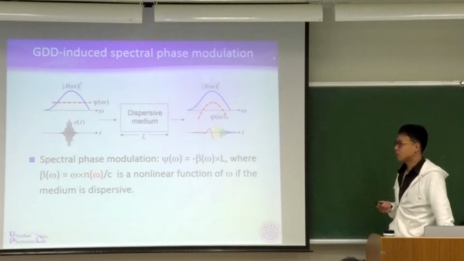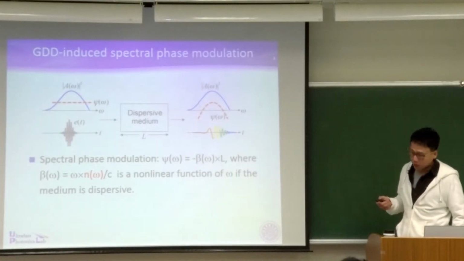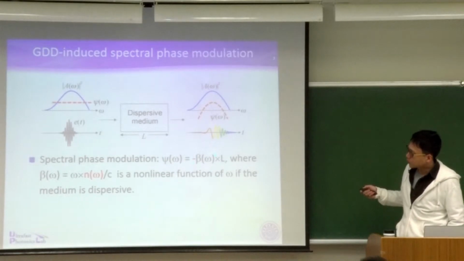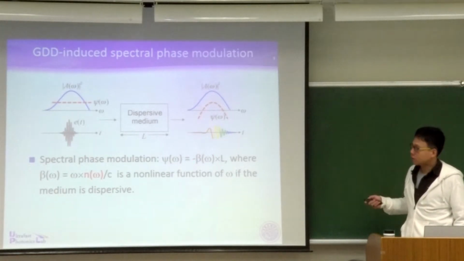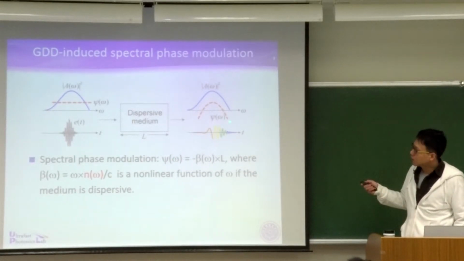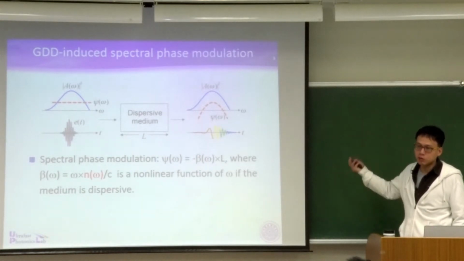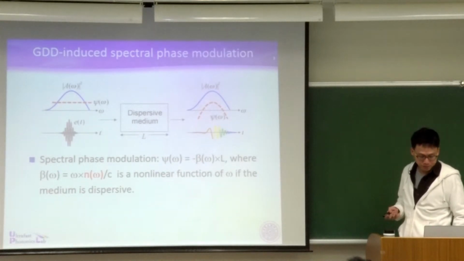It's a dispersive medium, so you get a nonlinear function of beta. And this formula tells us if you have a nonlinear function of beta, you have nonlinear spectral phase modulation, starting with a second order function, a parabolic function. You can have higher order terms, of course.